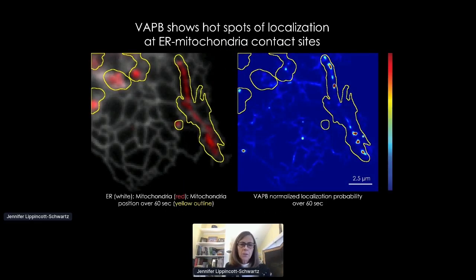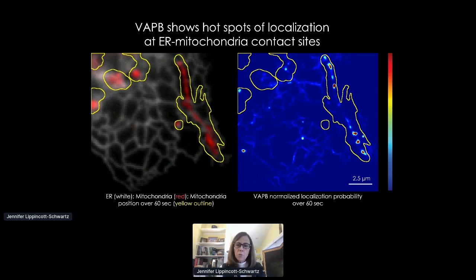In fact, if we create a normalized localization probability map, looking at where VAP-B is spending most of its time as it moves through the ER, that's shown in the right-hand panel, you can see that there are hotspots of localization at these ER mitochondrial contact sites.